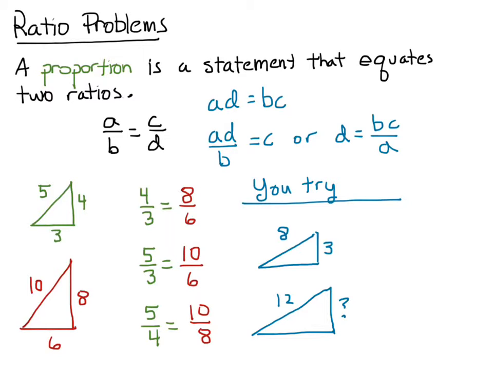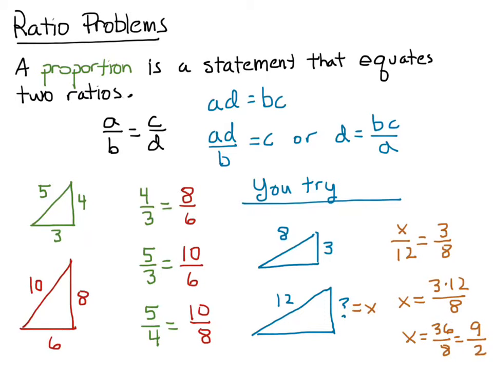When we set up the ratio, maybe 3/8 equals your unknown divided by 12. I'm going to make that unknown x. So I have x/12 equals 3/8. I can multiply both sides by 12, and I get 36/8, which is 9/2.